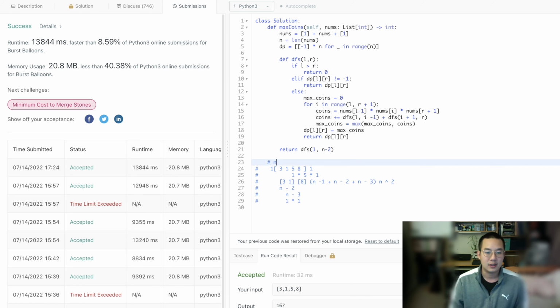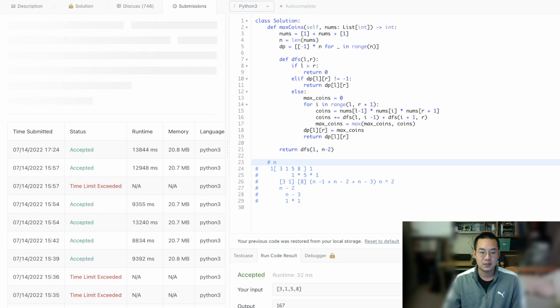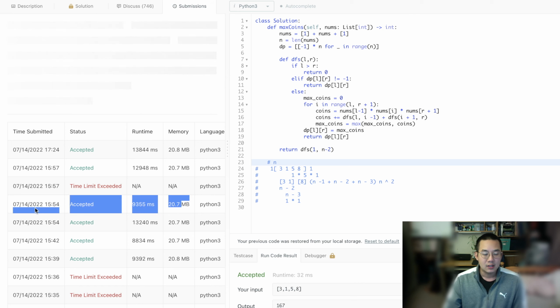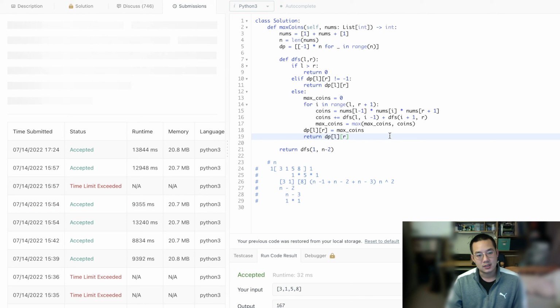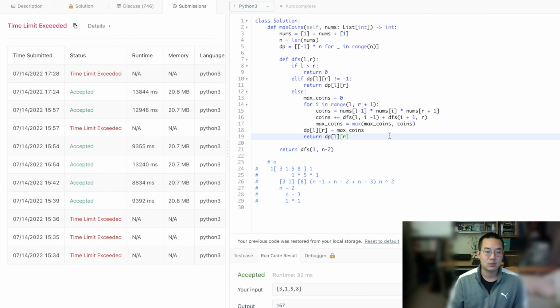So yeah, this is a pretty interesting problem. If we run it one more time, I think we'll get a faster time, unless I'm wrong, because it's the same algorithm for this particular problem. Yeah, so let's see. Oh, time limit exceeded now.